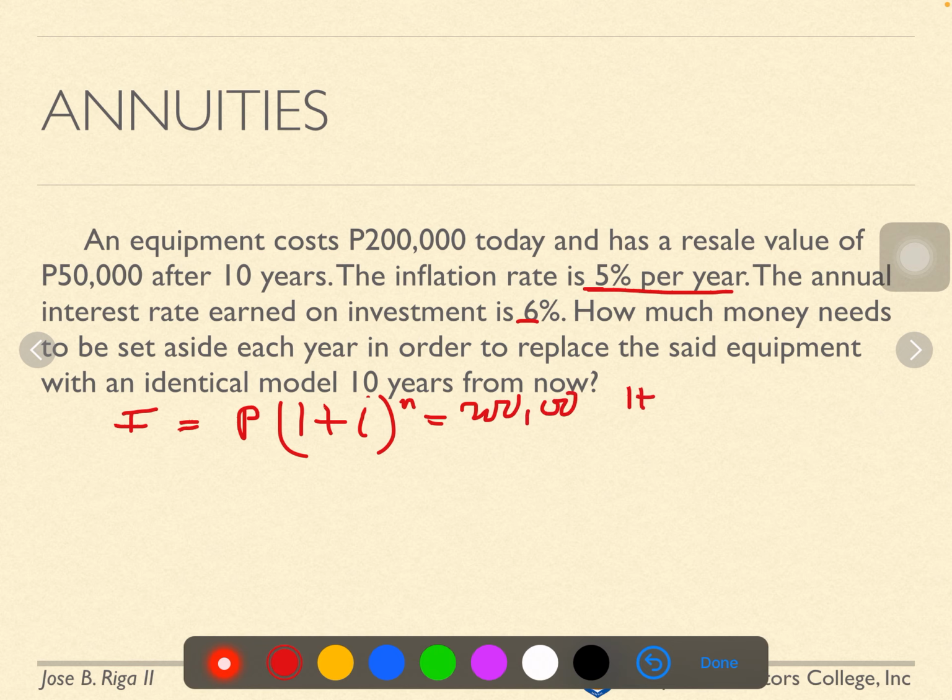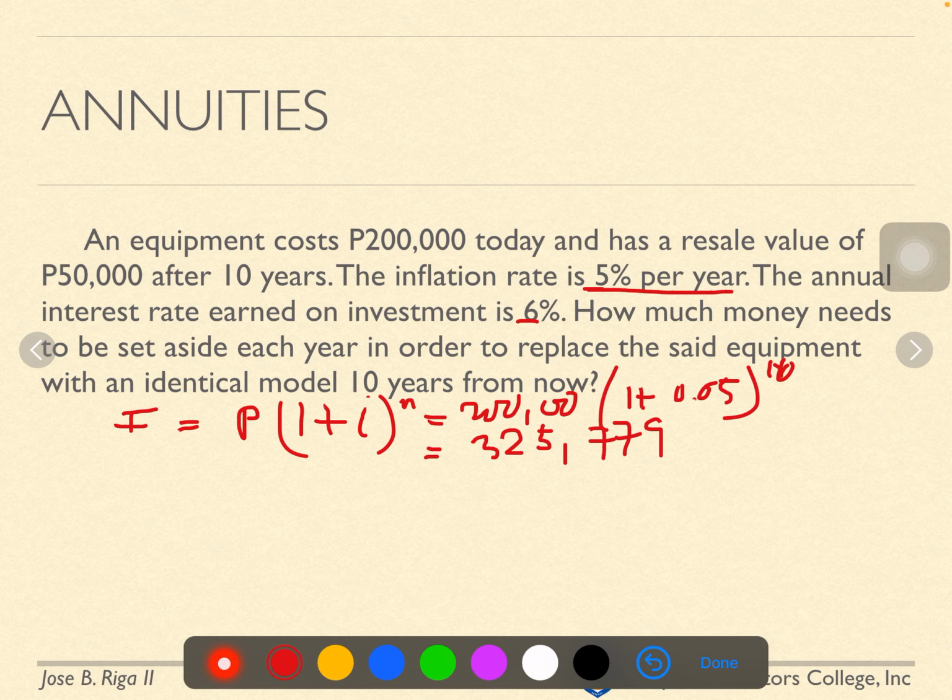That will give 325,779. This is our future value.